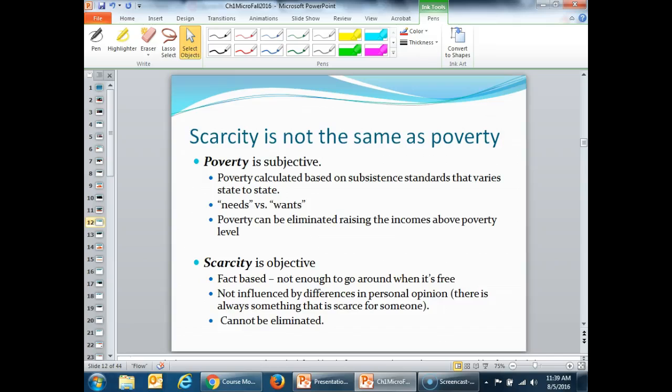Okay, so this book is big on scarcity versus poverty. So poverty is a subjective measure. It actually varies from state to state. If you're in New York and a family of two, you would be in poverty if you made less than $18,000. In Mississippi, you would be poor if you made less than $7,000 for two people. So it's a subjective criteria.